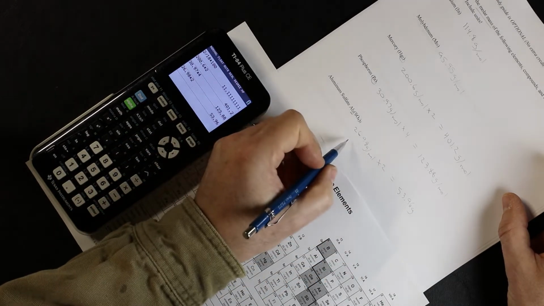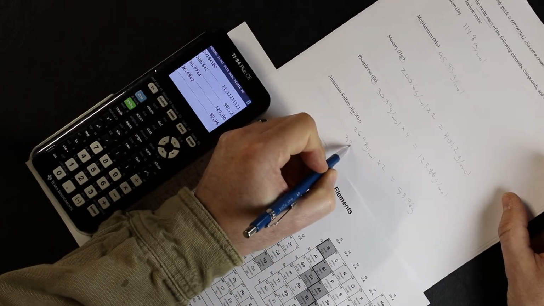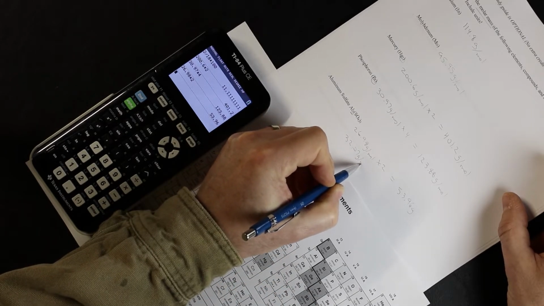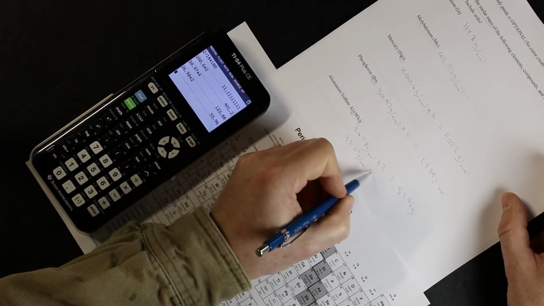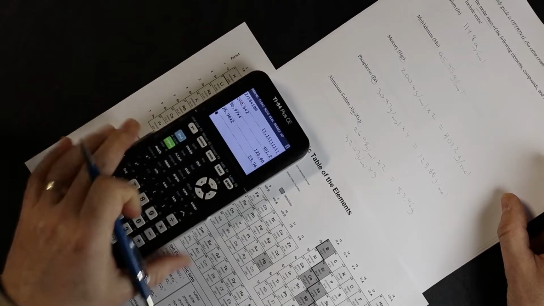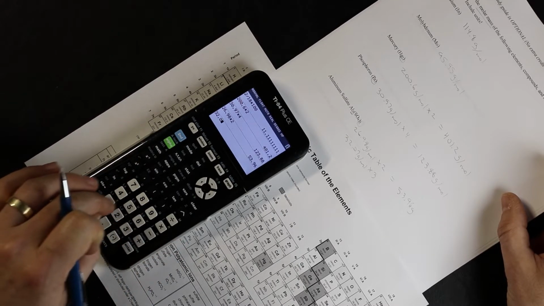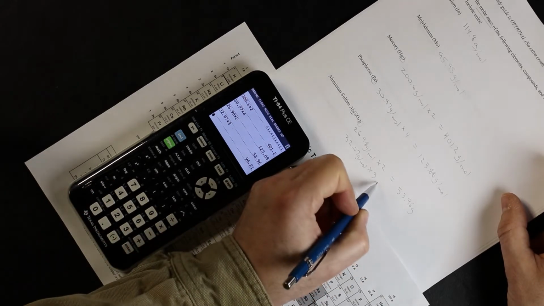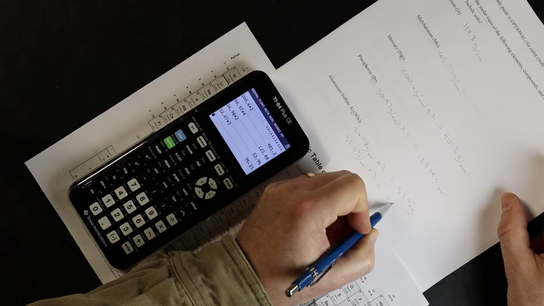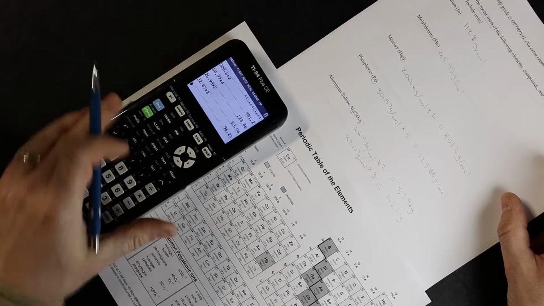I have sulfur next. Sulfur here is 32.07 grams per mole. I have 3 sulfurs there. I'm going to multiply that by 3. So 32.07 times 3. That's going to be 96.21 grams.